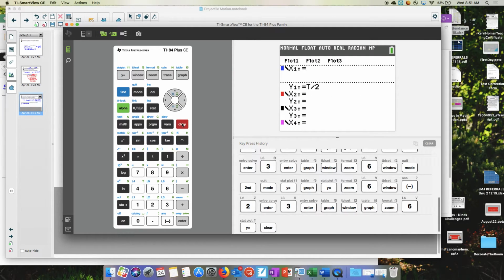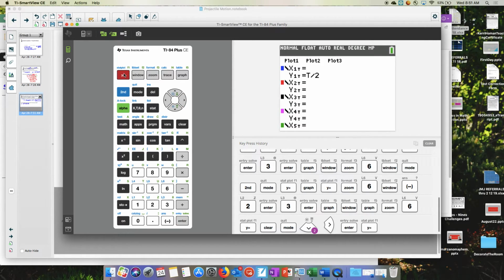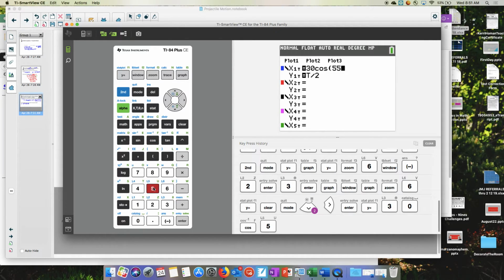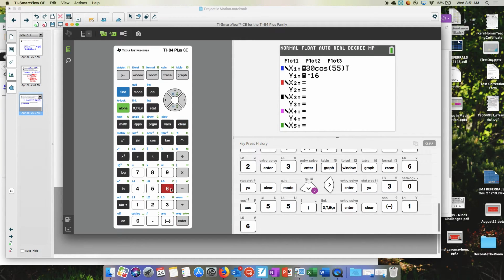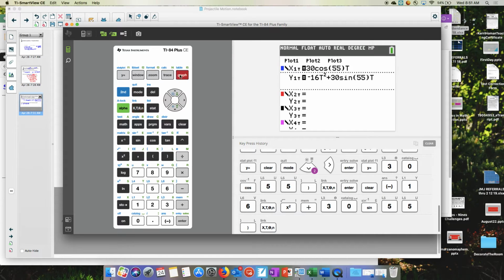What is x? 30 what? The graph isn't even showing up. And negative 16 t squared plus 30 sine 55 t.